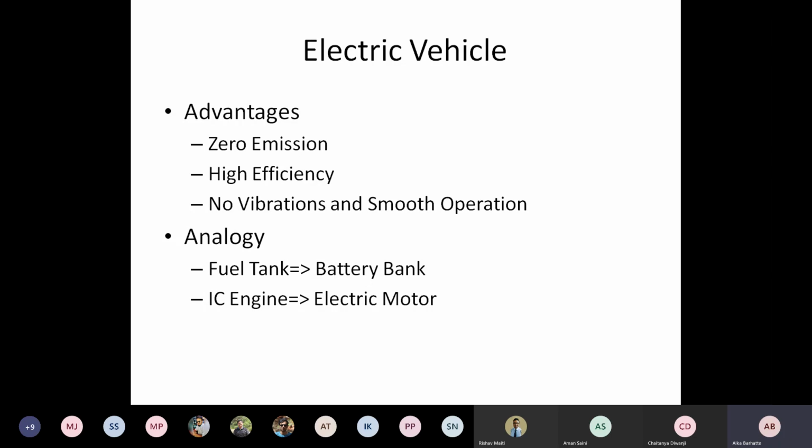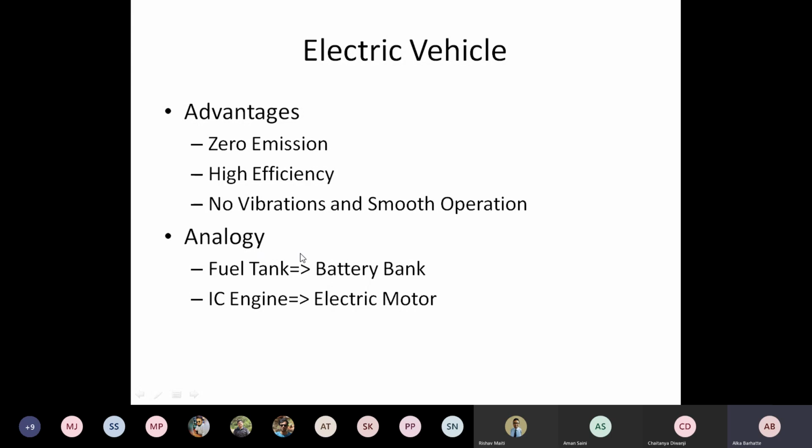The engine itself is very heavy, and as it has been removed, most of the vibrating parts like piston, crankshaft and camshaft, which generate noise and vibrations, are eliminated. Because of that, electric vehicles have no vibrations and perform smoothly.